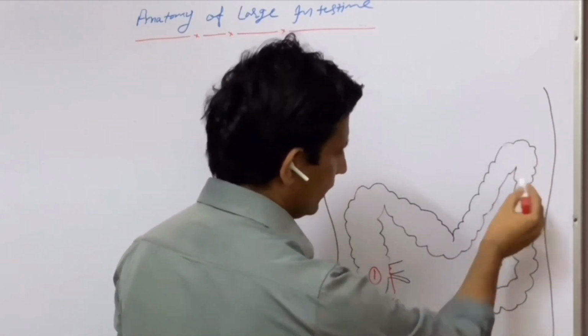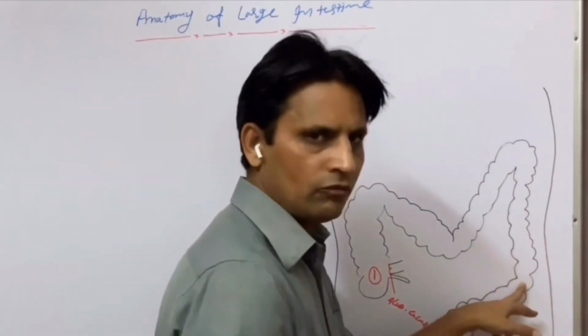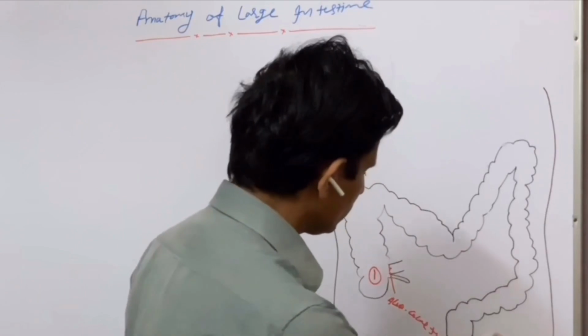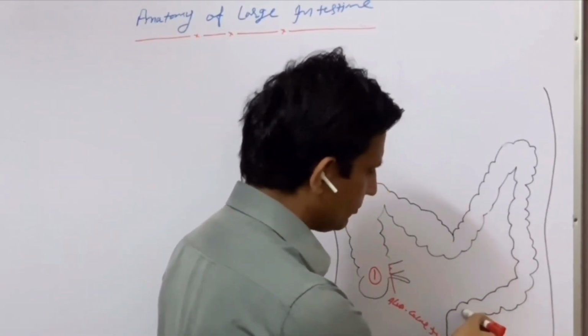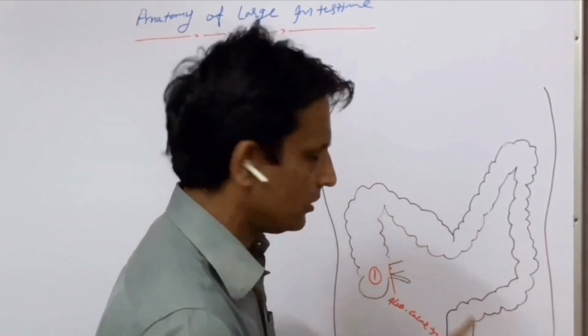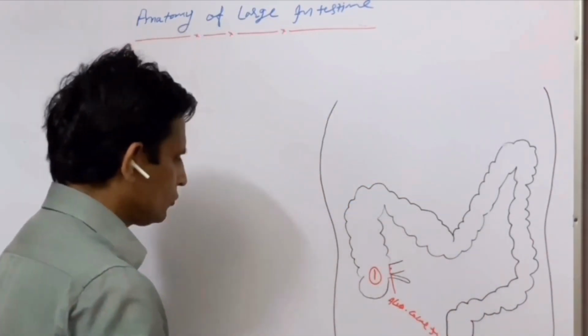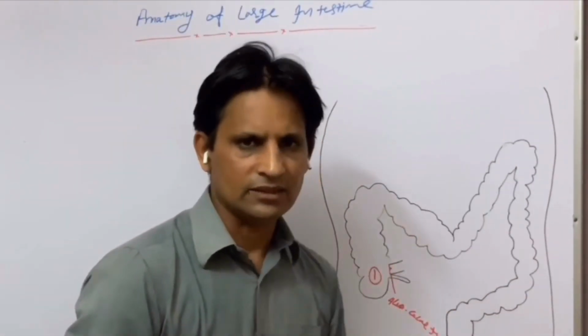And then it takes a turn, and this part goes downward. This portion also runs on the medial side of the body, and it ends at this point. Okay, so we will discuss each and every part of the large intestine.